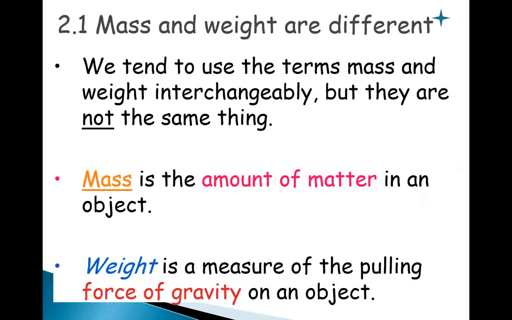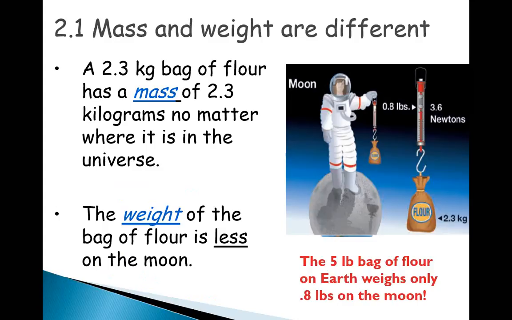We tend to use the terms mass and weight interchangeably, but they are not the same. Mass is the amount of matter in an object, whereas weight is a measure of the pulling force of gravity on an object. A 2.3 kilogram bag of flour has the mass of 2.3 kilograms no matter where it is in the universe. On the moon, on the planet Earth, it's going to have the same amount of mass.